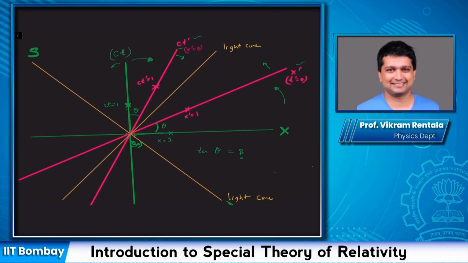We've also identified unit lengths along the x-axis and the x prime axis, and similarly along the t-axis and the t prime axis, by using our unit hyperbolas.